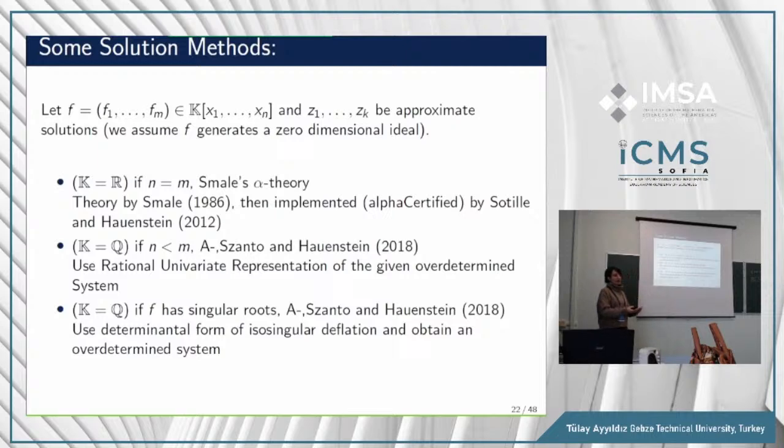So the theory was there, Smale's alpha theory, but in 2012 they used C and C++ and actually wrote the program. They did some algorithmic approach. They had the theory and they did the rest of the steps I just listed in the first slide.